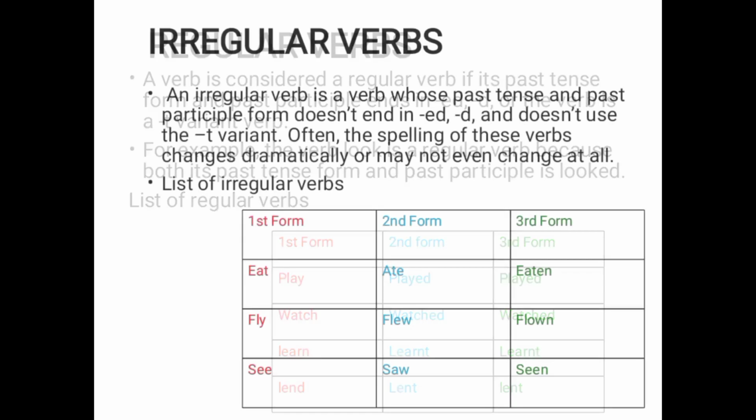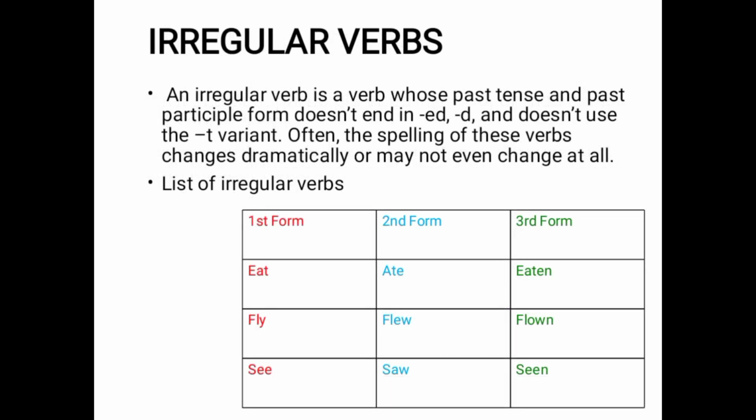Now let's look at irregular verbs. An irregular verb is a verb whose past tense and past participle forms don't end in ed or d, and don't use the t variant. Often the spelling of these verbs changes dramatically or may not even change at all.